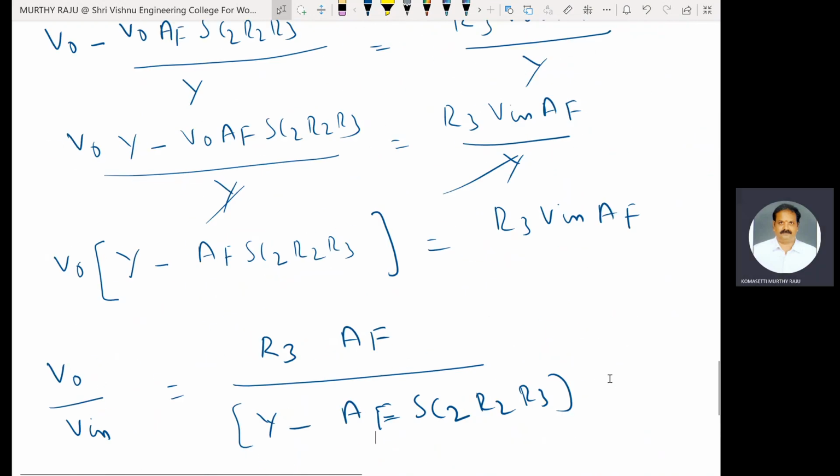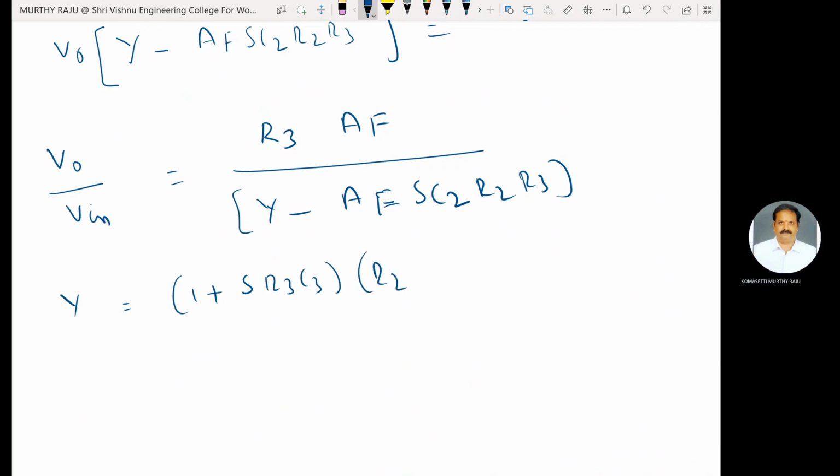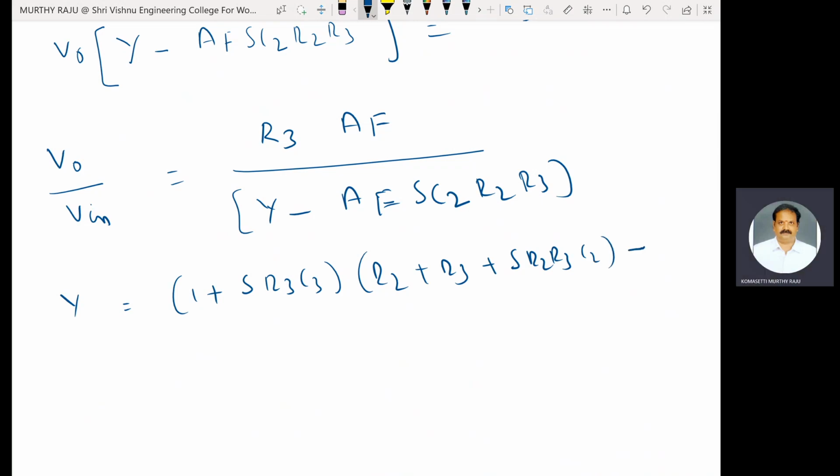We know that y is equal to 1 plus S R3 C3 into R2 plus R3 plus S R2 R3 C2 minus R2. Simplify this. 1 is multiplied with the entire term, that is R2 plus R3 plus S R2 R3 C2.